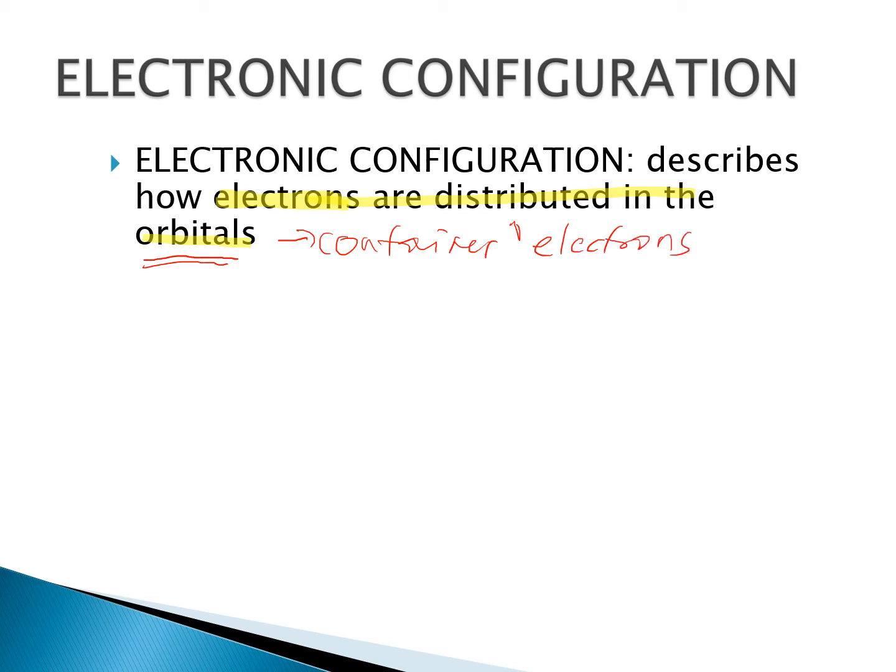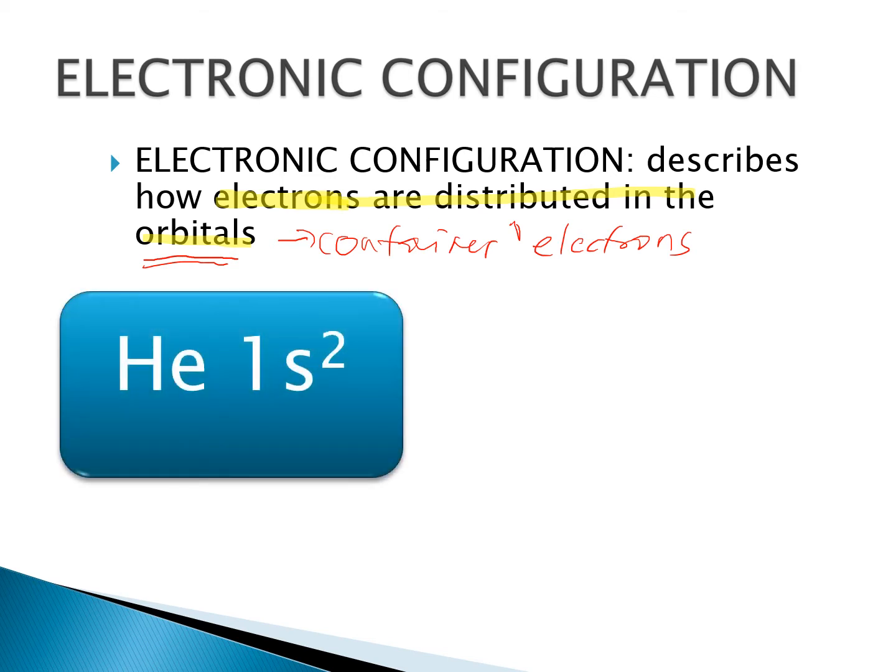So basically, the orbitals contain the electrons, and orbitals are outside the nucleus of a particular atom. So that's the general idea when we are talking about electronic configuration. Again, it describes how electrons are distributed in the orbitals, and orbitals are the containers of electrons around the nucleus of a particular atom.